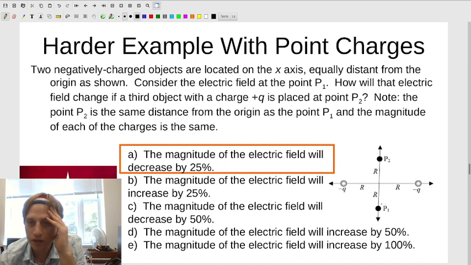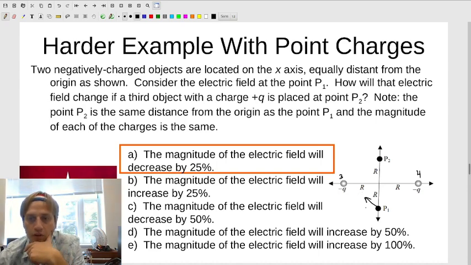Now, I can already think my way through this because let's call these particle 3 and particle 4, just so I don't step on any toes. My electric field from particle 3 is going to be pointing toward 3 because it's negative, and the electric field from particle 4 is going to be pointing toward 4.